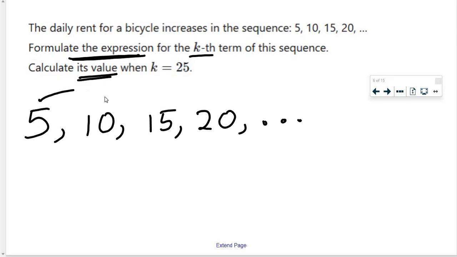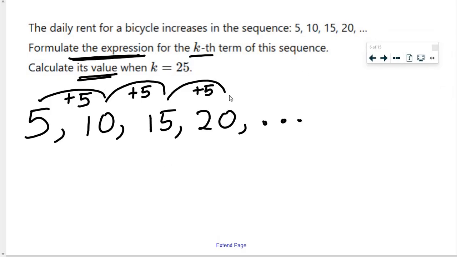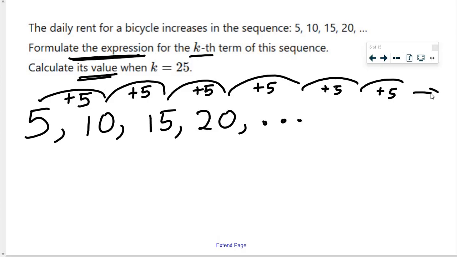From 5 to 10 is add 5. From 10 to 15, again add 5. From 15 to 20, again add 5. So that means we keep adding 5, adding 5, adding 5 to infinity.